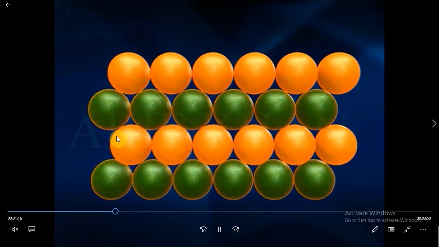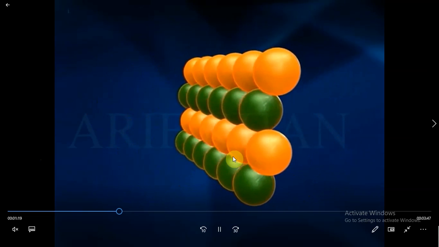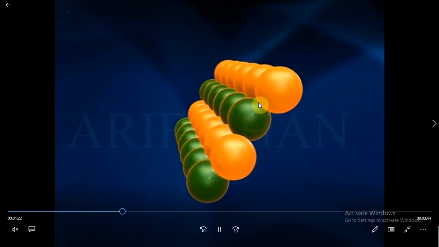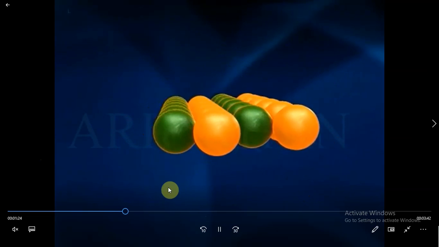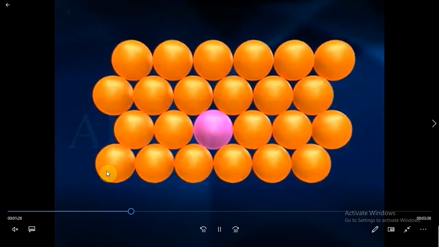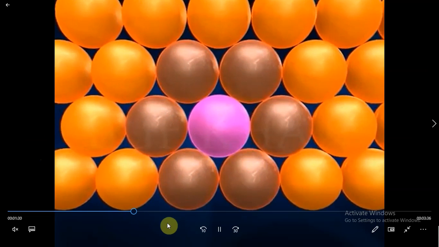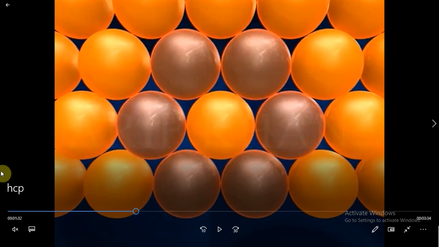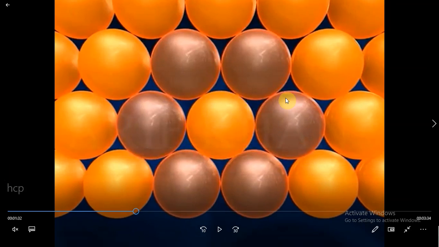You see these are aligned together. The green ones are aligned and the orange ones are also aligned. So if I call this bottom layer, now you see we were talking about coordination number earlier. So why it is called a hexagonal closed pack structure, if you want to see, you see this atom.